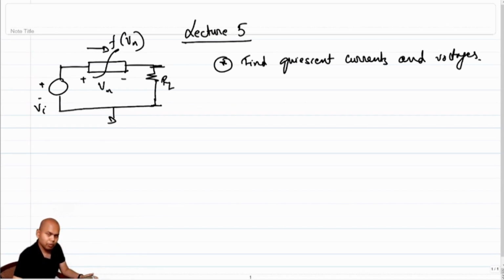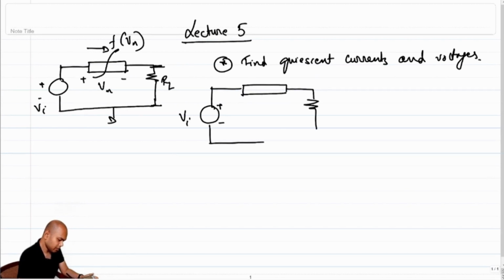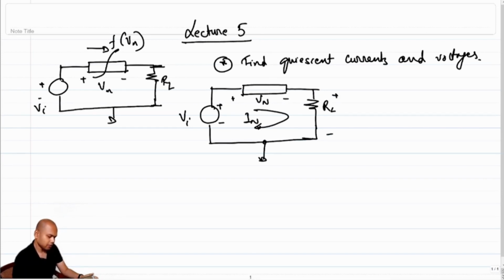Let's say that after doing some numerical or graphical methods, we found that for a certain value of Vi, the current through this network was I sub n, and the voltage across this device was V sub n, which means the voltage across RL is Vi minus V sub n, which is nothing but In times RL, right?